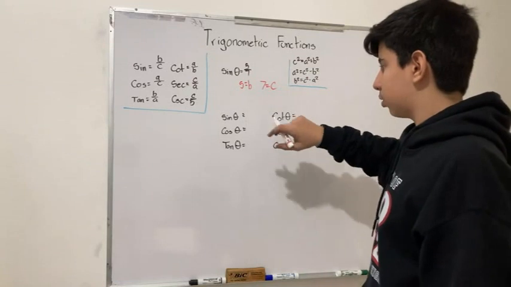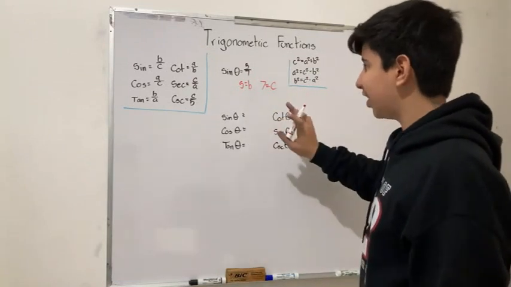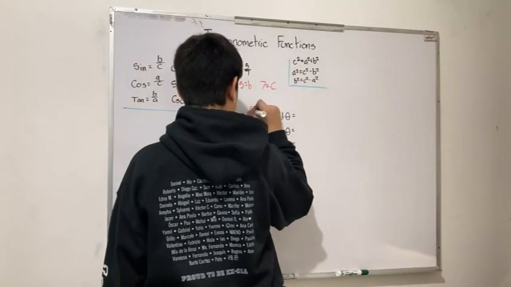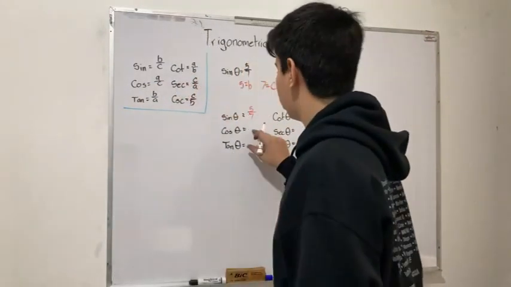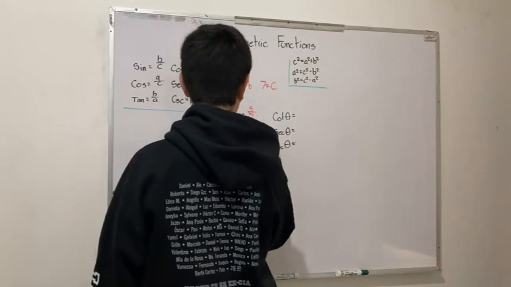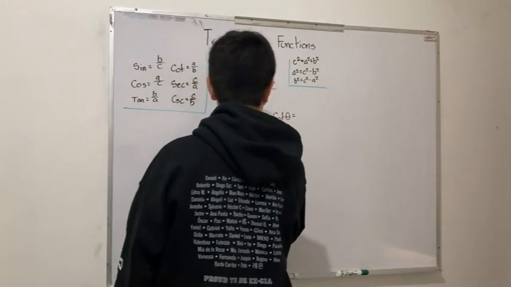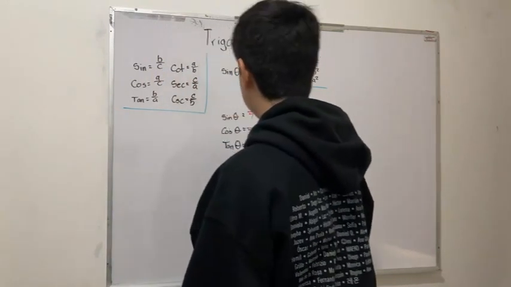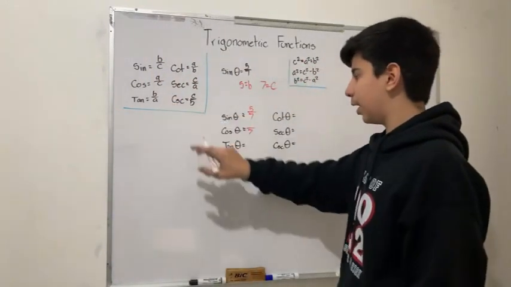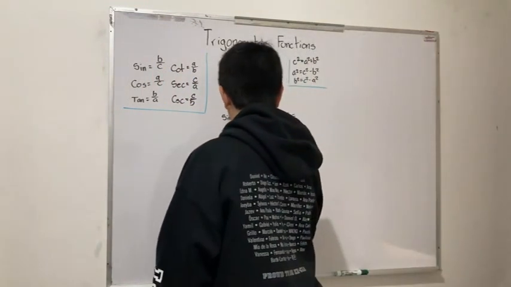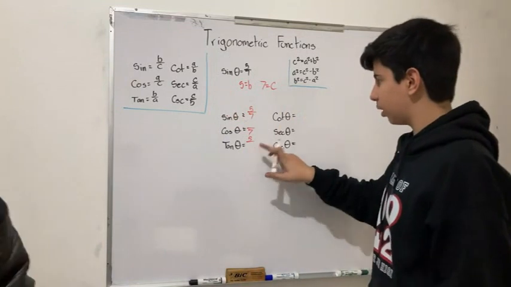Now we can solve some of these with this information. Now we know that sin will be 5 by 7, cos will be a, that we don't know, by c, which is 7. Tangent is b over a, but we don't have a, so we just put 5 by something.